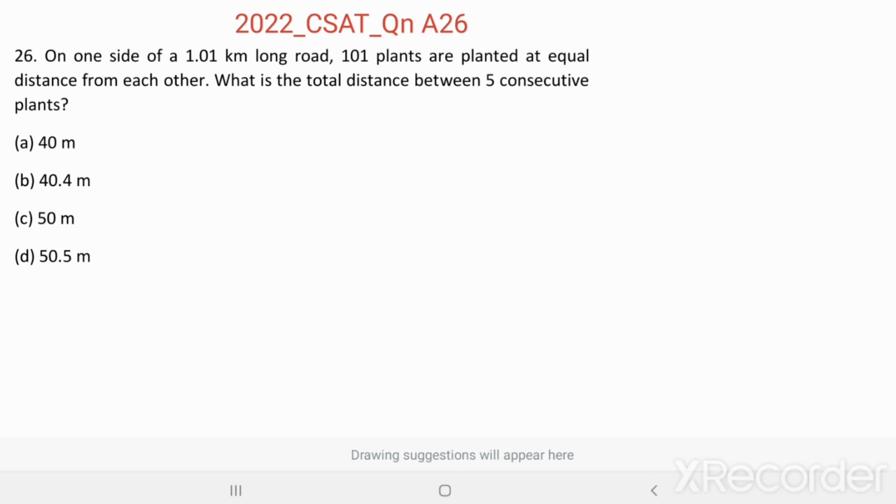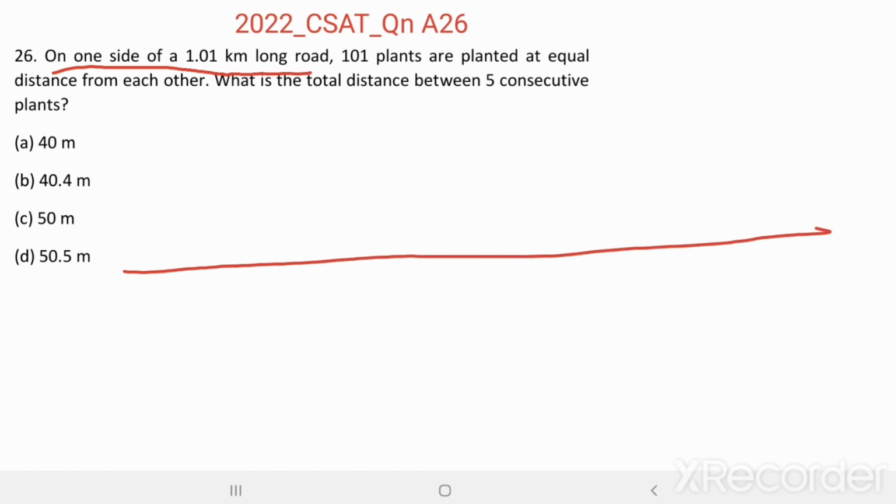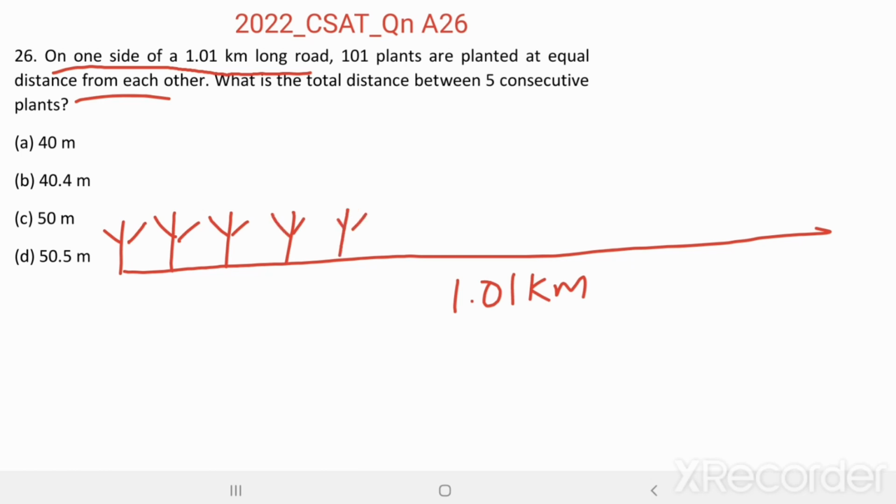Here, on one side of a 1.01 kilometer long road, 101 plants are planted at equal distance from each other. Then, what is the total distance between 5 consecutive plants?